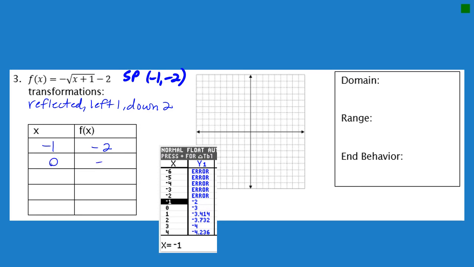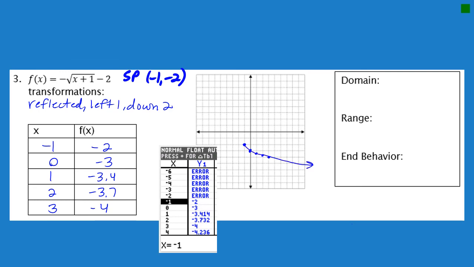My points would be 0, -3, 1, -3.4, 2, -3.7, and 3, -4. Then if I plot my points, from my starting point, my graph would look something like that.